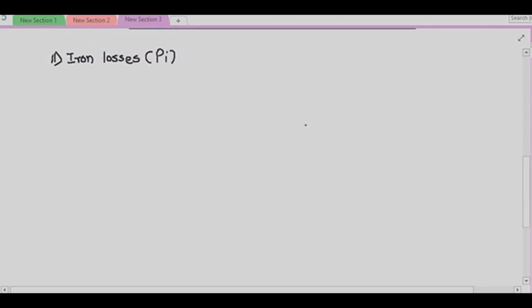It is equal to the sum of two components called hysteresis loss and eddy current loss. So Pi equals hysteresis loss plus eddy current loss. Let us first see what hysteresis loss is.